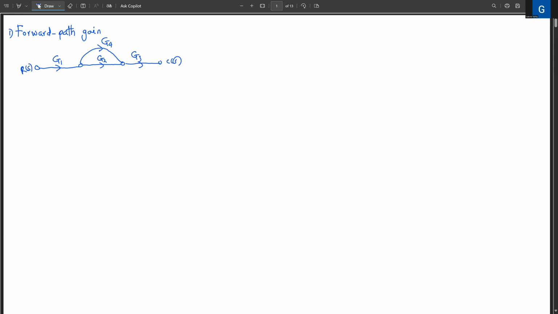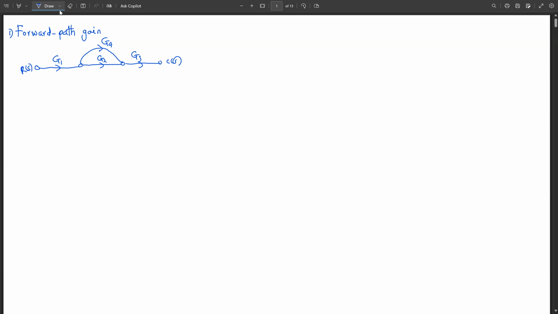So first of all, you'd have to identify your forward path. The forward path is simply the path from the input node to the output node, right? In most signal flow graphs, we have one or more paths from the input to the output.